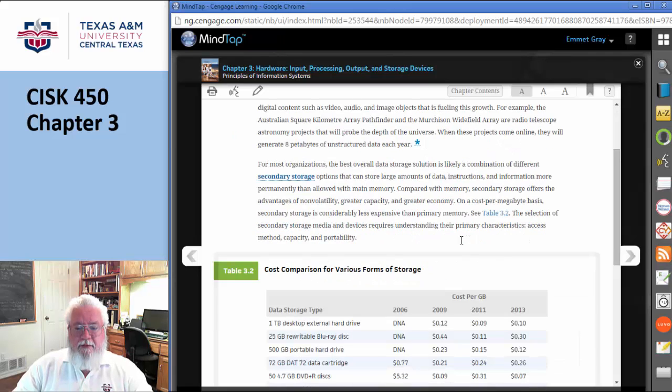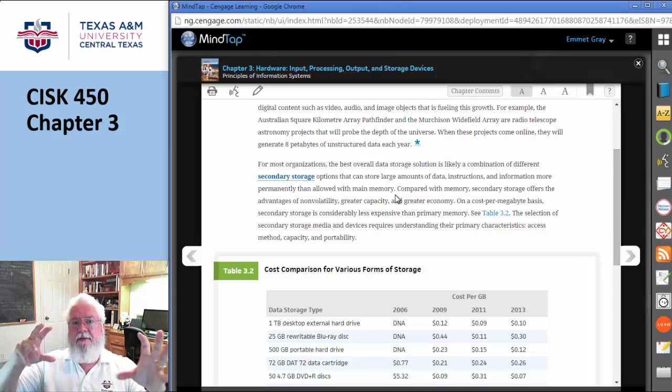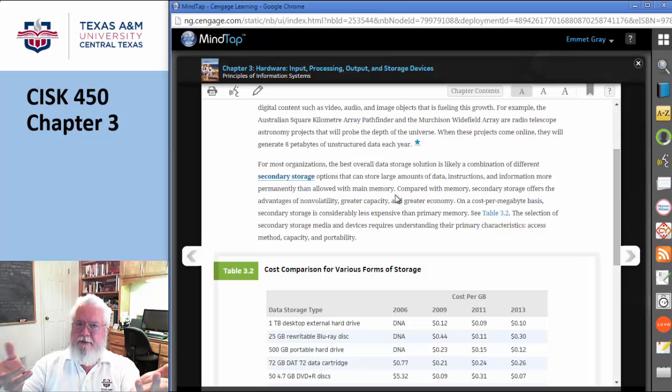The reason we have this is that the cost of storage is coming down, and it's cheaper than the amount of available RAM. In other words, if I said I want to buy a terabyte hard drive, you could just go down to the local Best Buy and plunk down somewhere around $70, less than $100, for a terabyte hard drive.